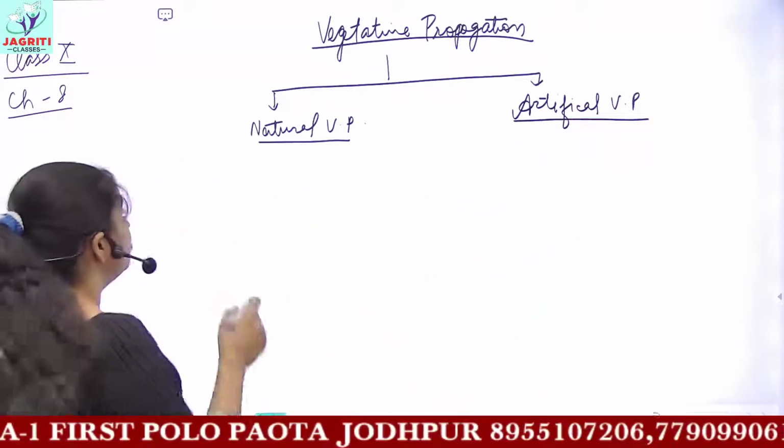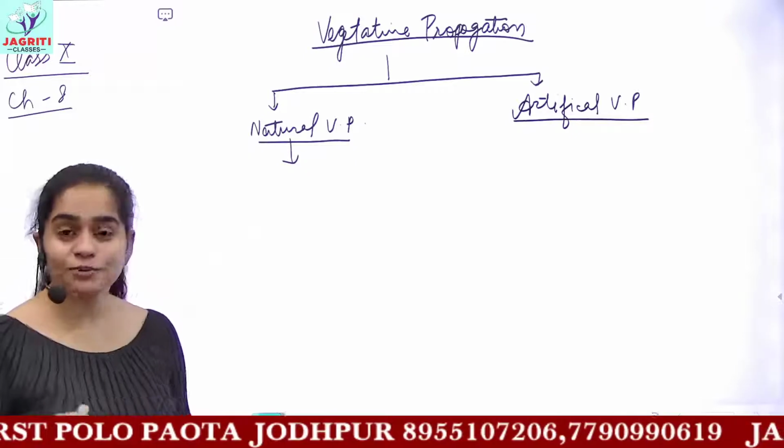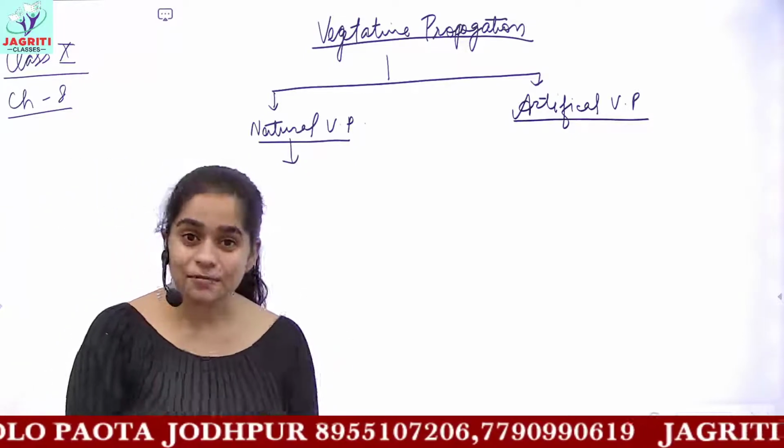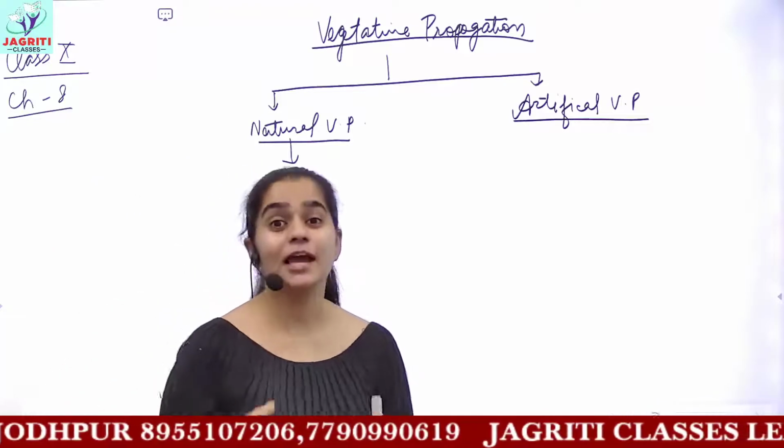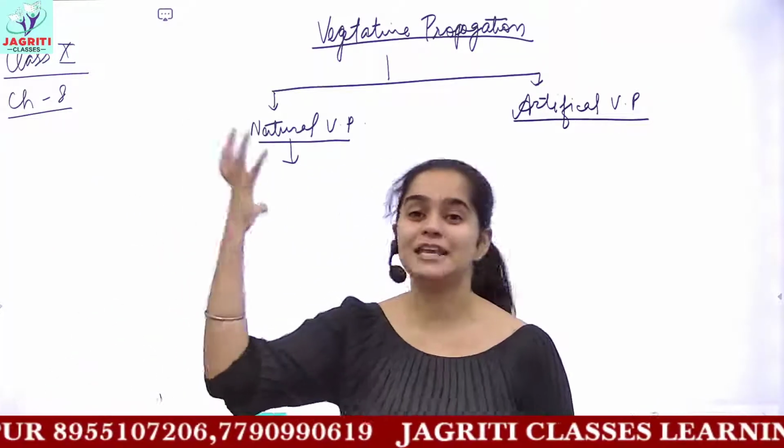Natural is when you use certain parts of the plant, that is root, stem and leaf. You pluck out a leaf and dig it in the soil, and after some time you observe that a new plant emerges.